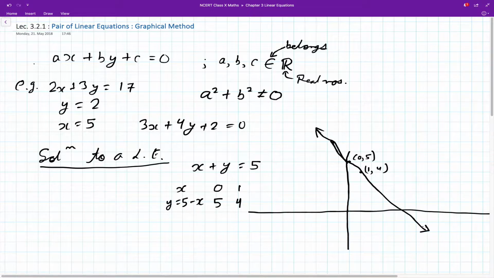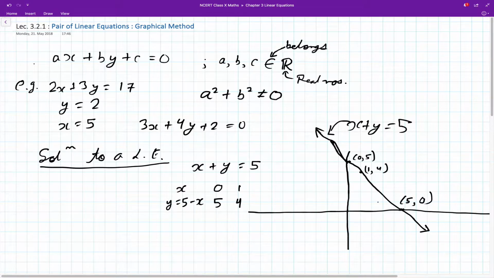So what do we mean now when we say a solution to a linear equation? This is a linear equation, x plus y is equal to 5. Now each and every point that lies on this straight line, for example, let's say this point, x would be 5 and y would be 0. So this is a solution to this equation.